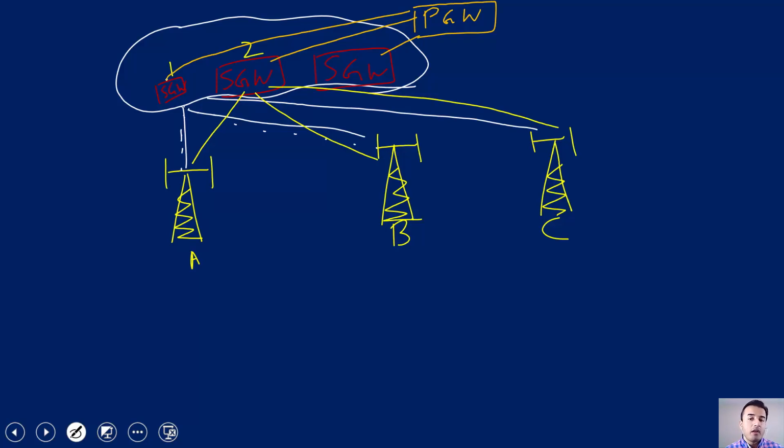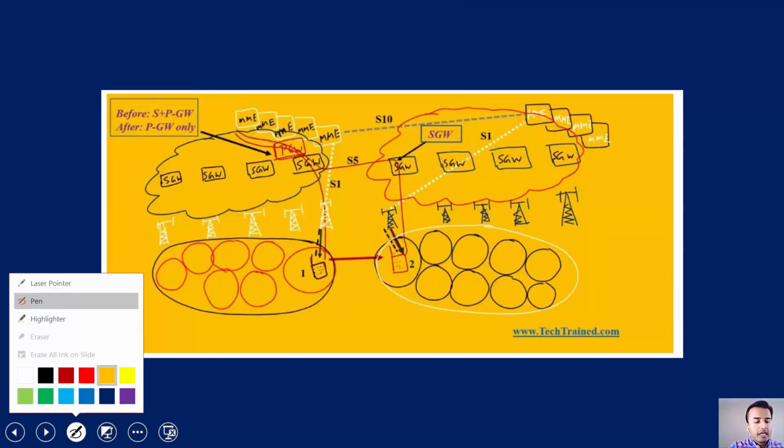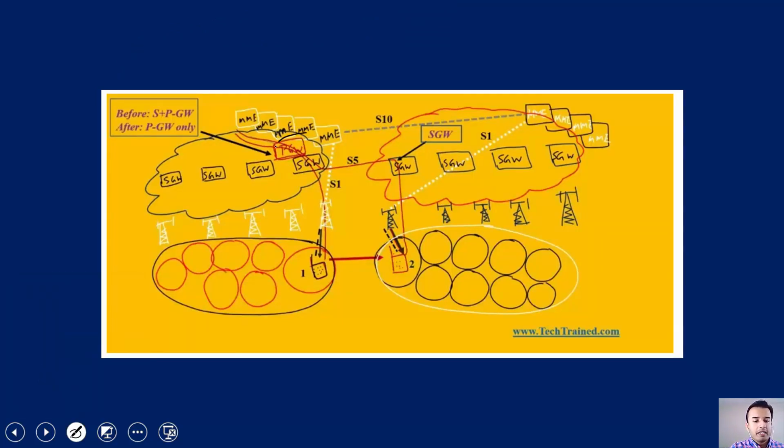So as an example, having said all that, let's take a look at this picture once again. In this picture, if you observe closely, you will see there is one PGW here, and then there are different SGWs, and depending on the number of eNodeBs, there are a similar number of SGWs as well, almost.